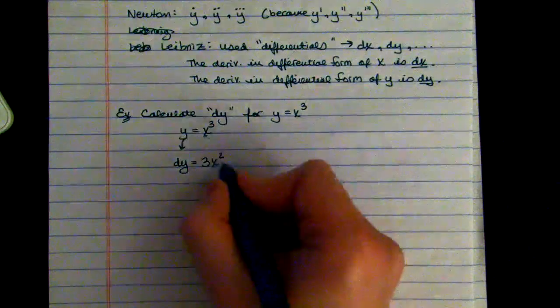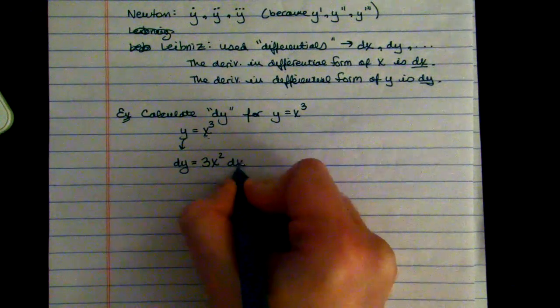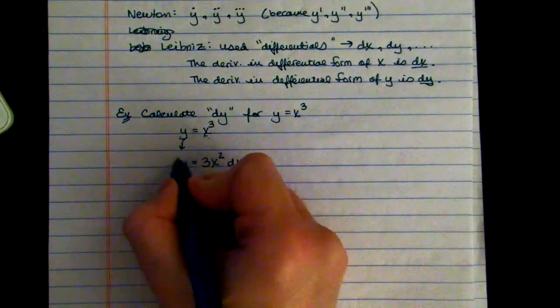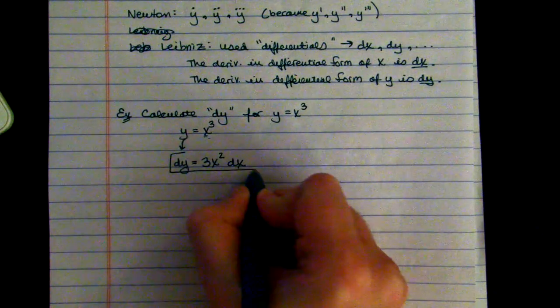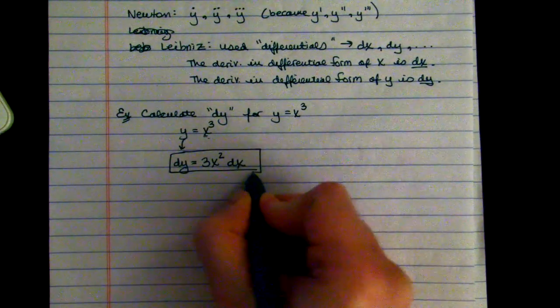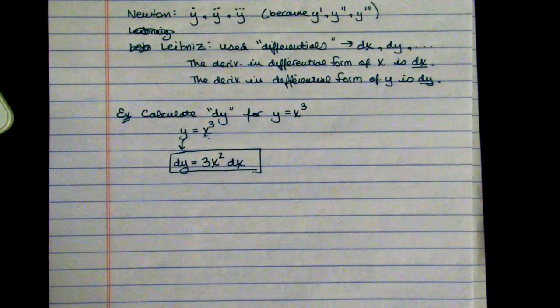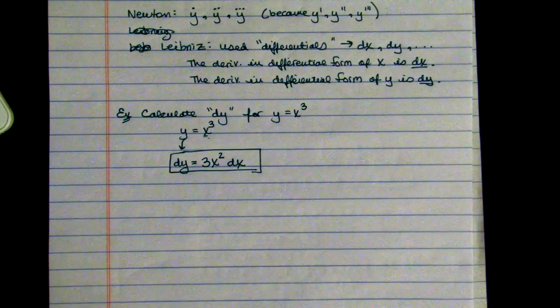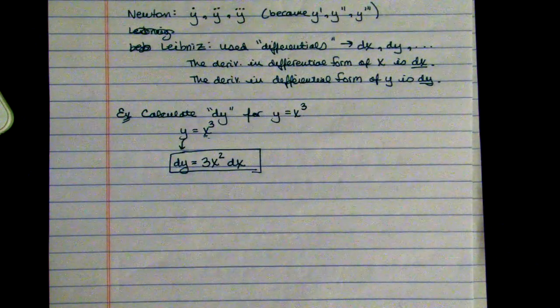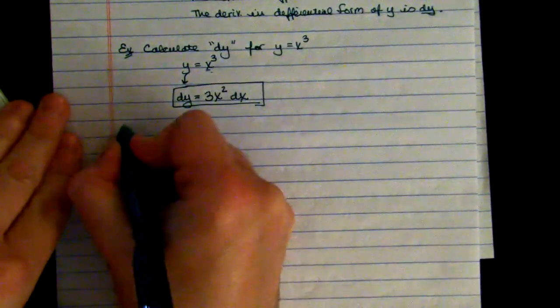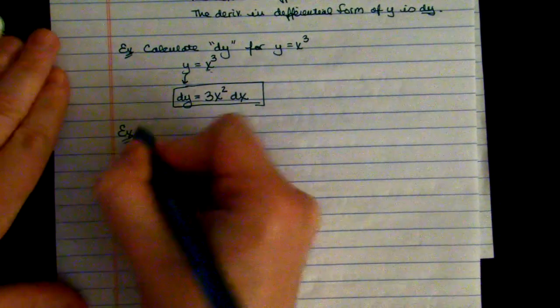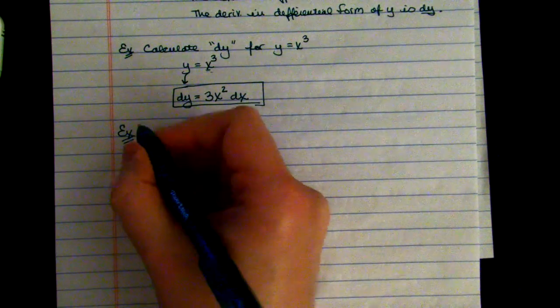And the derivative of x is dx. My derivative in differential form, using Leibniz's notation, is dy equals 3x squared dx. Let me show you two more examples. All we really need to know, though, is the derivative of y, dy, derivative of x, dx.